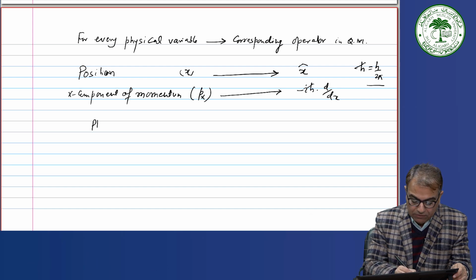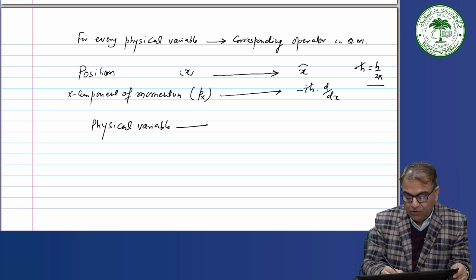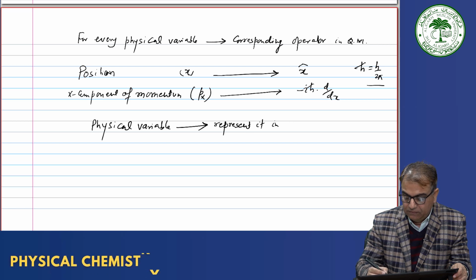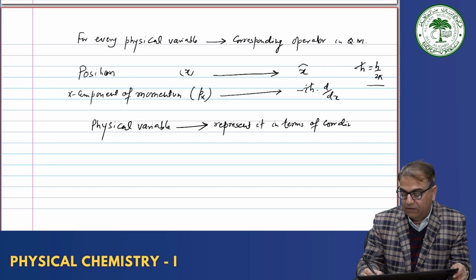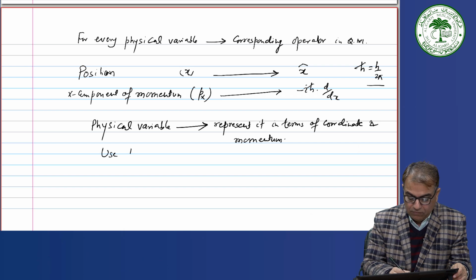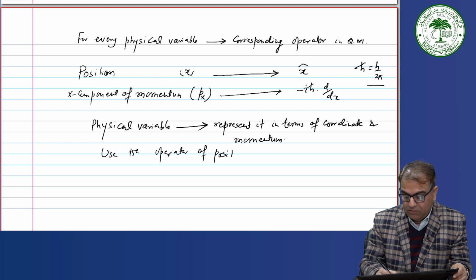So, for any physical variable, if you want to know the operator, then you represent this physical variable in terms of coordinate and momentum, and then use the operators of position and momentum.